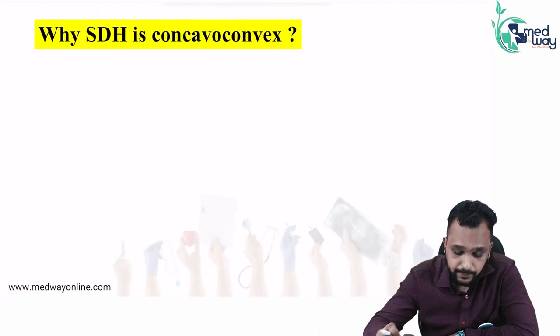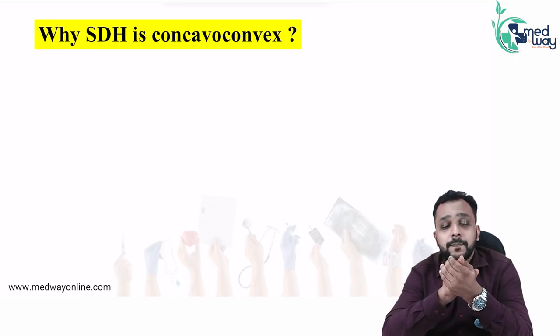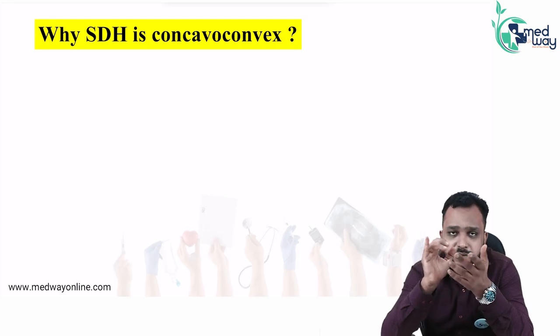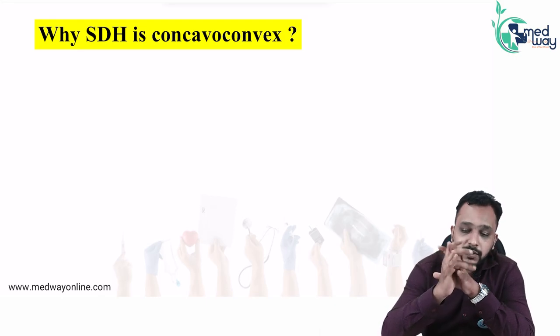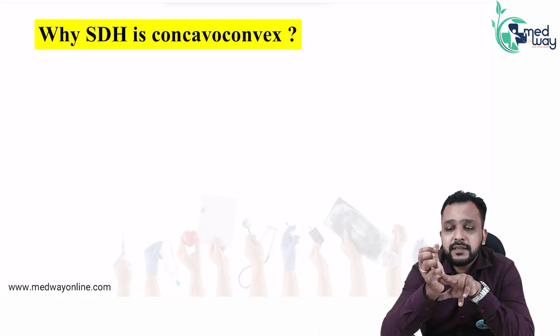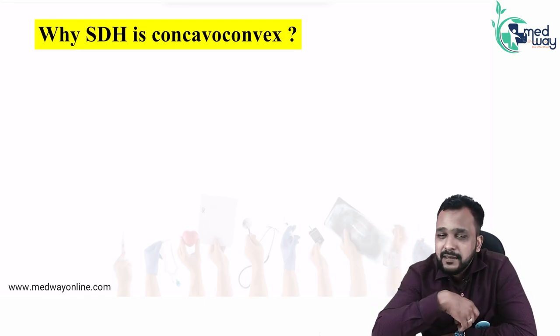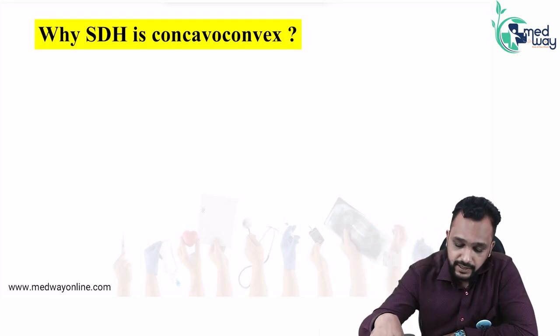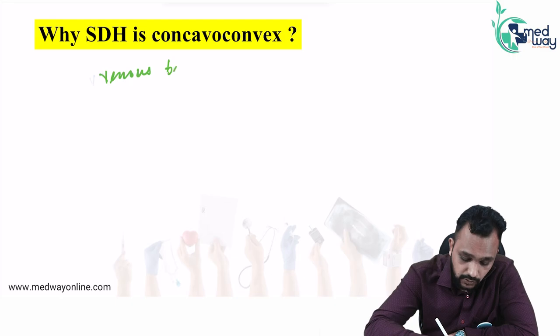Now talking about the shape of the bleed, the shape is concavo-convex because outside there is a dura mater, and inside it is taking the shape of the brain parenchyma. So what happens? The dura mater will not be compressed, and the brain parenchyma is taking a concave shape, and that is why the shape of the bleed is concavo-convex. And one more point is that it is a venous bleed, and venous bleed is going to have low pressure.